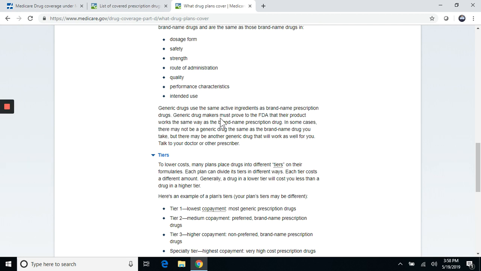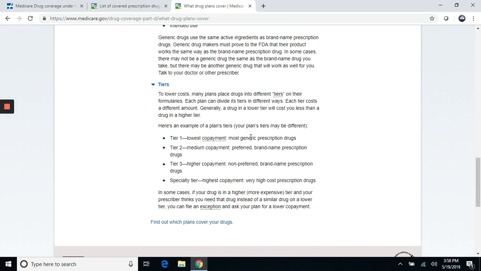Generic drug makers must prove to the FDA that their product works the same as the brand name prescription drug. In some cases, there may not be a generic drug the same as a brand name drug you take, but there may be another generic drug that will work as well for you. Talk to your doctor or other prescriber.